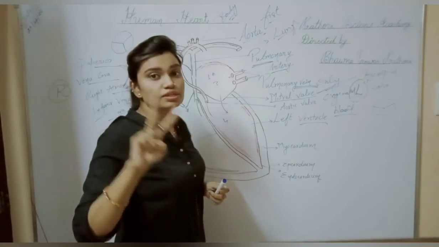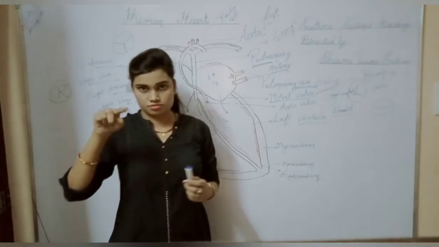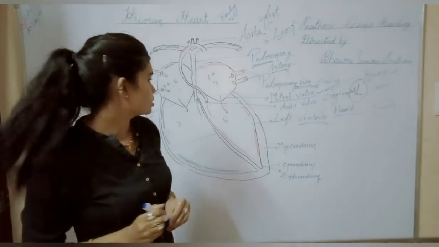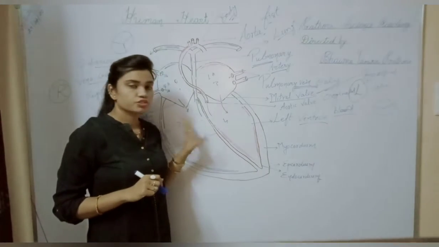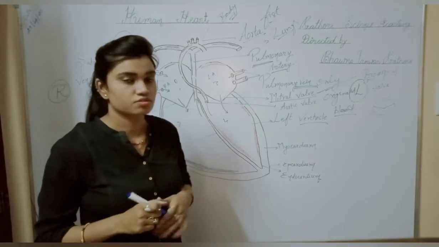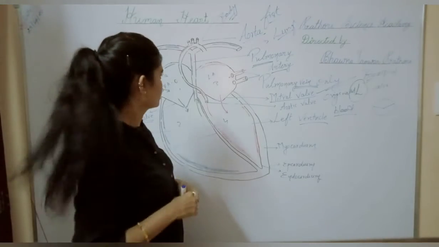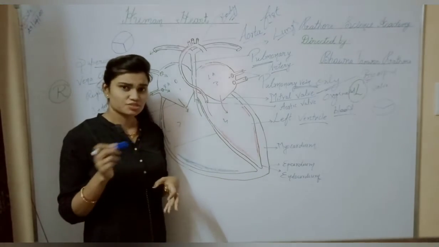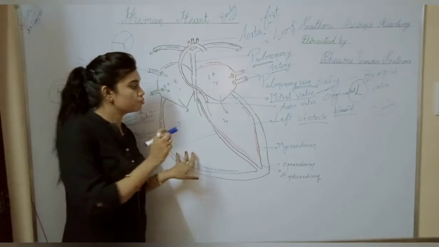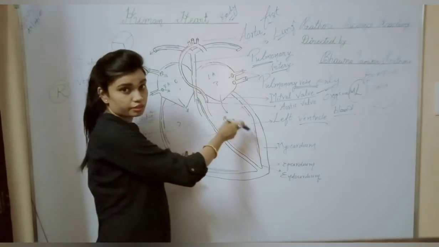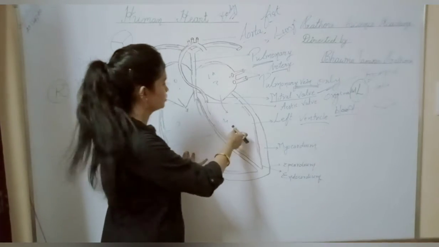That means two times circulation of blood is done, so it is known as double circulation. The circulation of pure and impure blood is known as double circulation. That's why the human heart is more efficient, because there is no mixing of pure and impure blood.